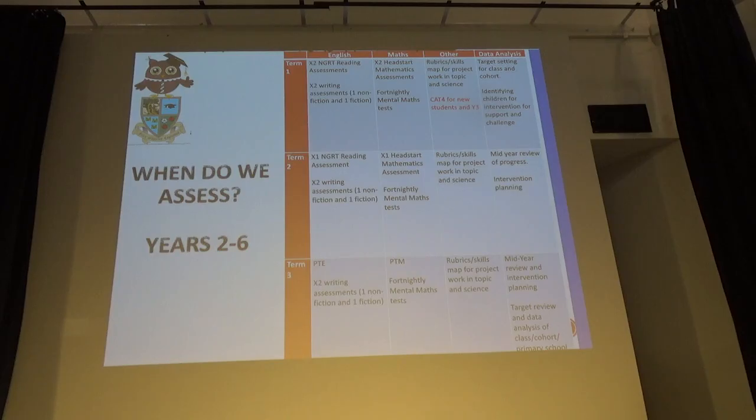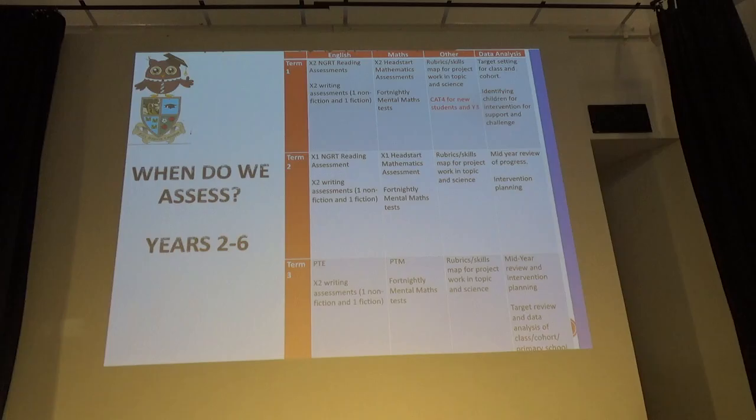We do data analysis. If you remember, I was talking about assessment for learning. We constantly check in on our children's progress and their levels and what we need to be doing and what we need to be changing as teachers. So at the beginning of this year, we had a big data analysis staff meeting and had various follow-ups weekly in Key Stage meetings as well, and in our primary leadership team meetings.